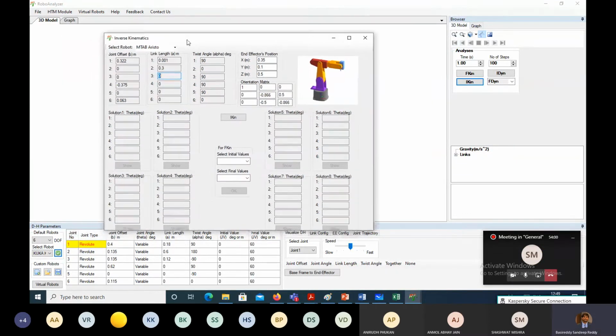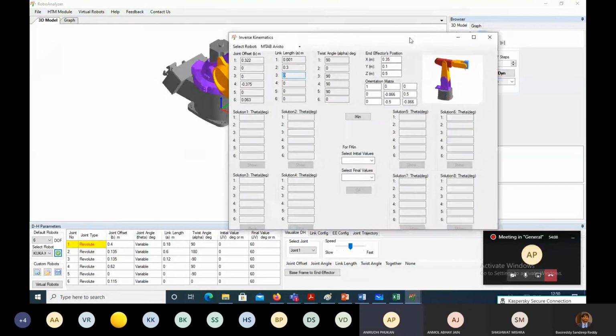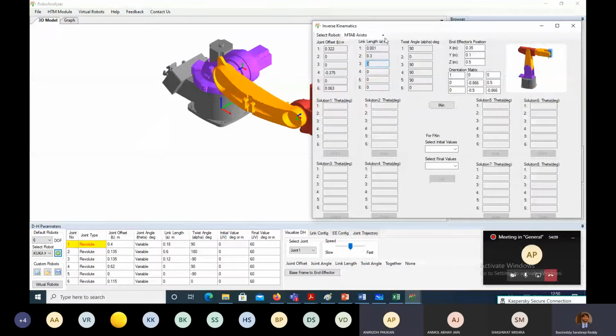Are you able to see this another window that has opened up? Yes, sir. Yeah. So here also just click, there is a select robot at the top. You can select KUKA KR5 arc.